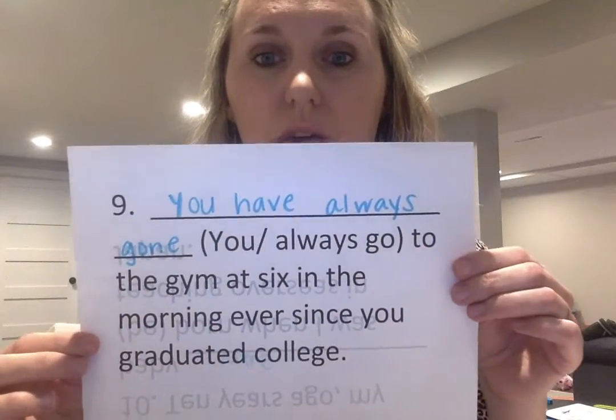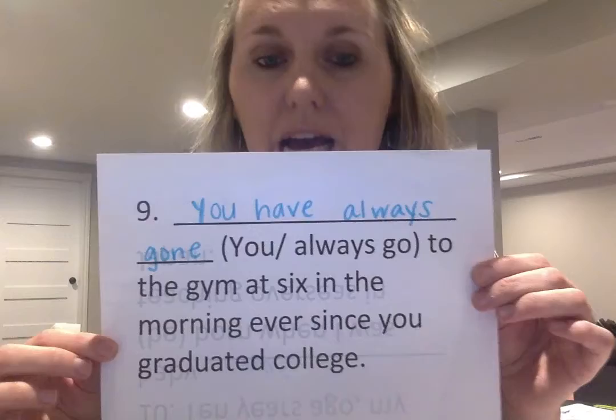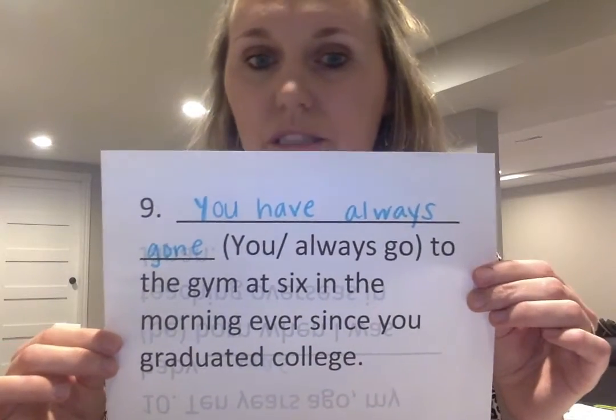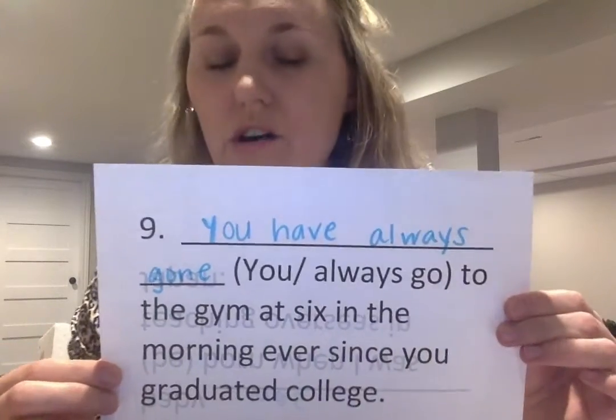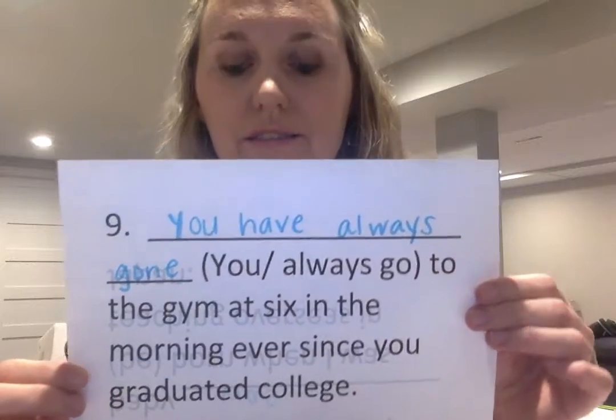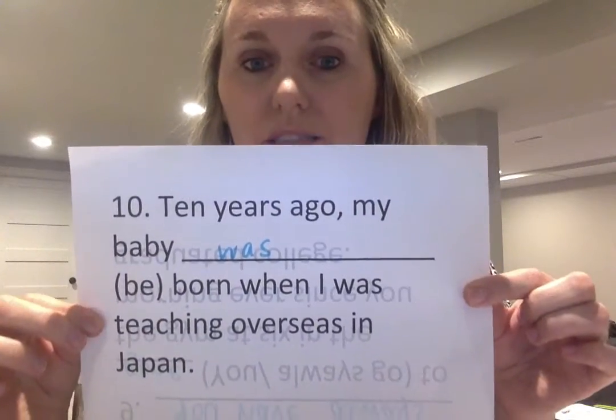You have always gone to the gym at 6 in the morning ever since you graduated college. Great. And our final one. 10 years ago, my baby blank born when I was teaching overseas in Japan. Because this happened once in the past, and it's a specific time, we would say was born.